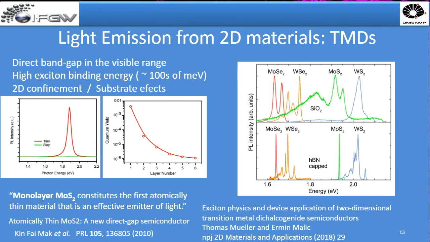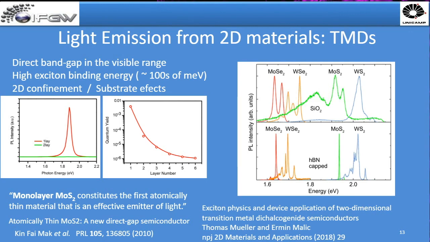And depending on the TMD that you are using, here I show four, which are the main TMDs for luminescence. You see that each one emits light in a different wavelength, and they also have different properties if they are mechanically transferred onto silicon oxide or if they are kept with hexagonal boron nitride.